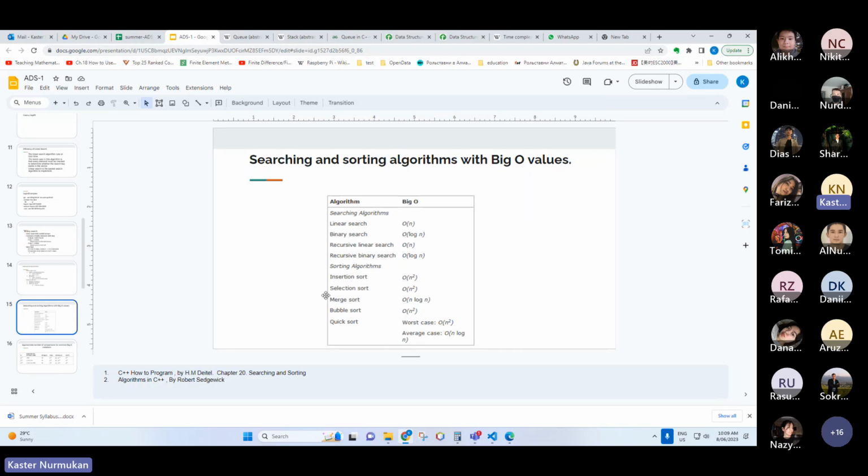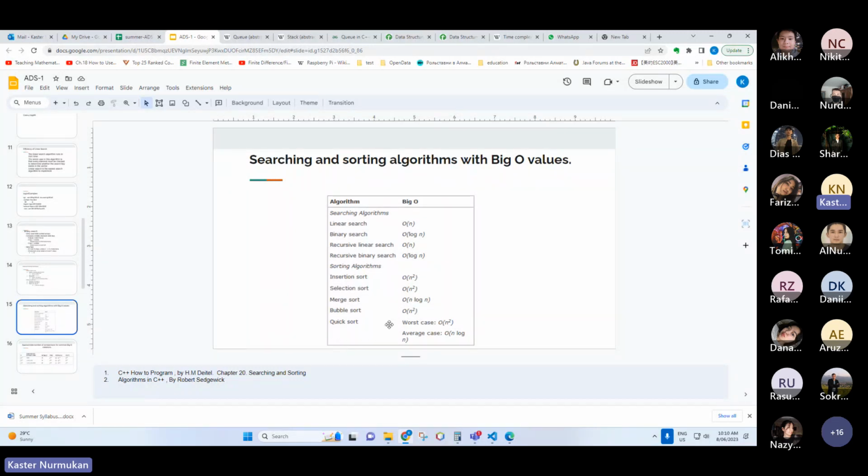Insertion sort is quadratic time, selection sort is also quadratic time, merge sort is a little bit better, but still they multiply n log n times. For example, n is 1,000, log n is 20, so merge sort trying to sort 1,000 elements will spend 20,000 times. Bubble sort is quadratic, 1 million times.